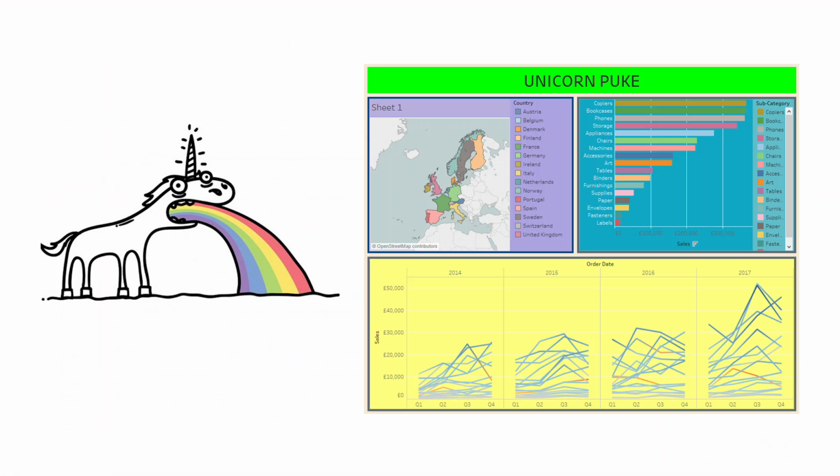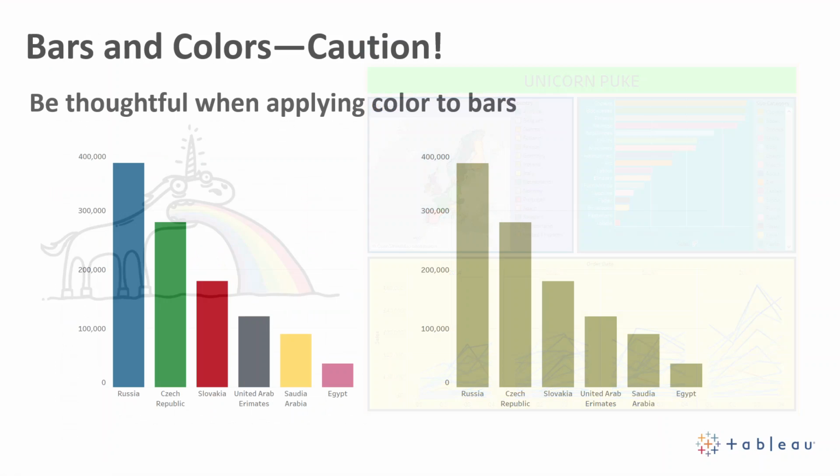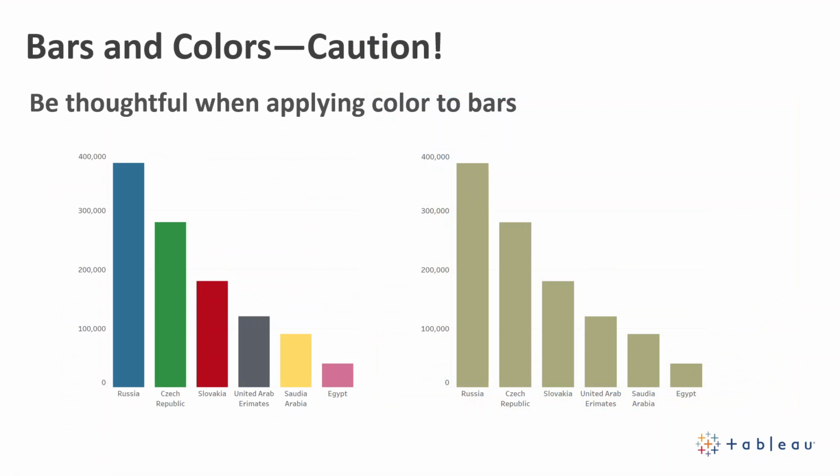In this example on the right, we have to fight against the color to try and decipher the message. It probably never gets that bad, but let's face it, we all go through this stage. It's like a toddler being given a box of crayons on their birthday. But no worries, we actually have a tip for you.